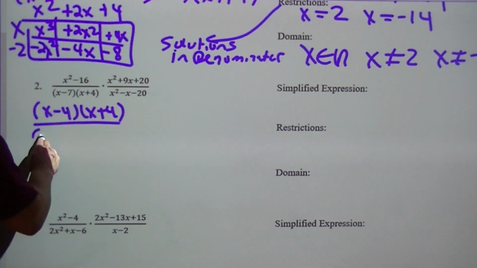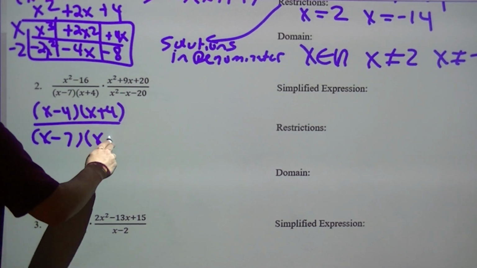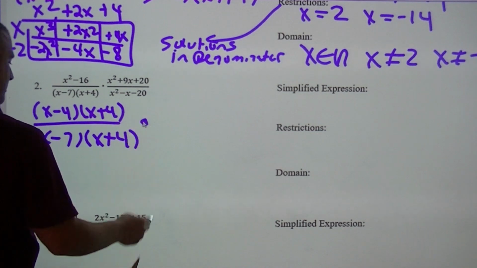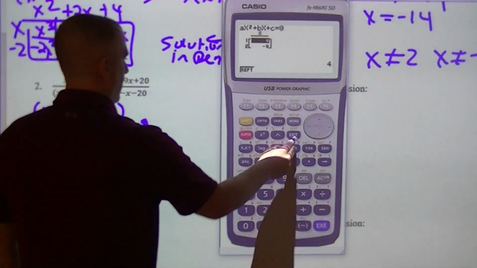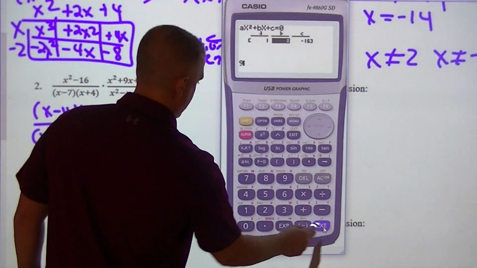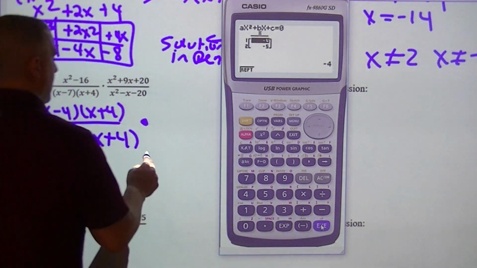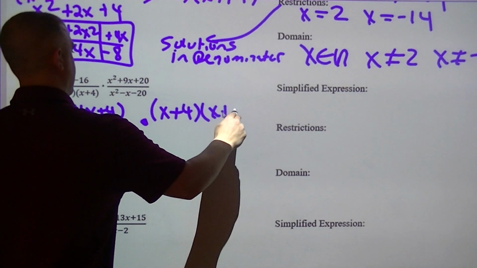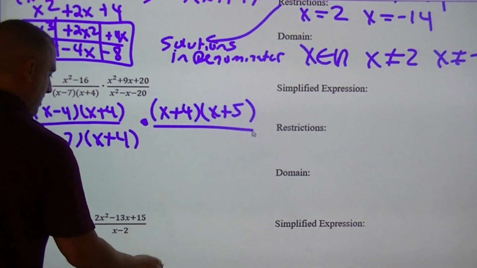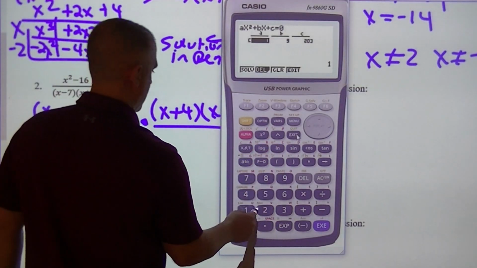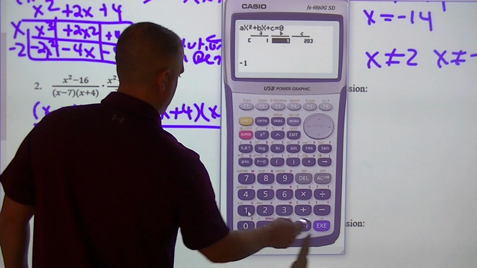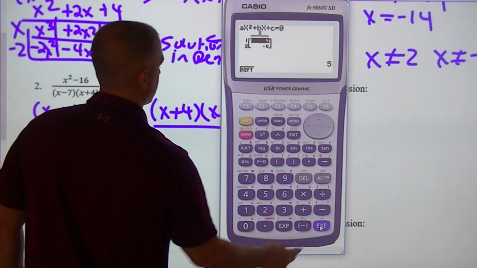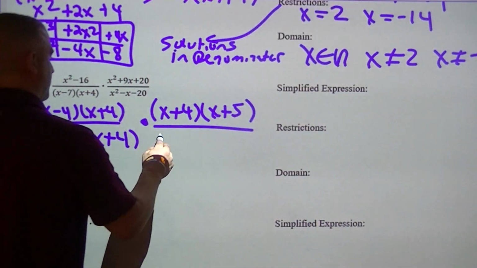Okay, bottom is already x minus 7, x plus 4, times, okay, 1, 9, 20, x plus 4, x plus 5, okay, equal again to that, x minus 5, x plus 4.